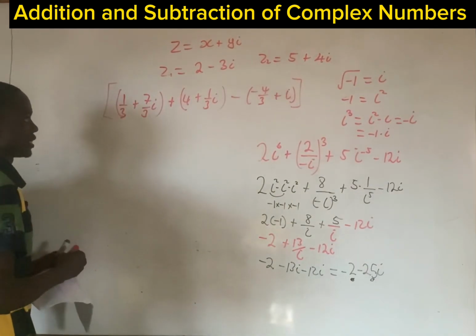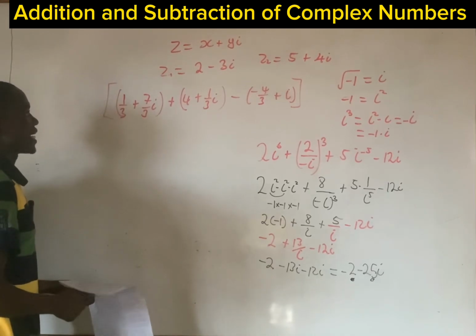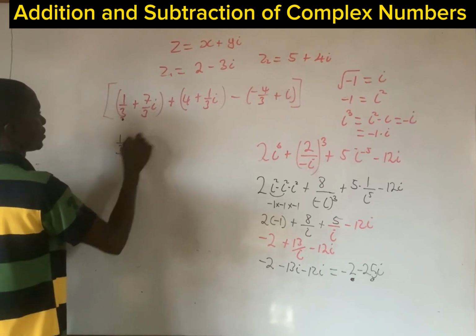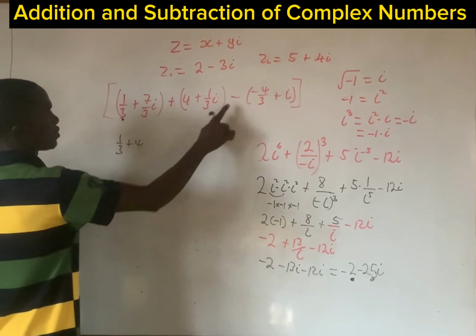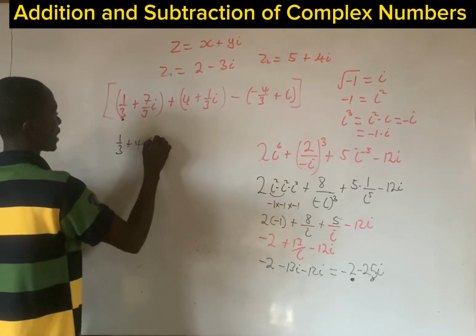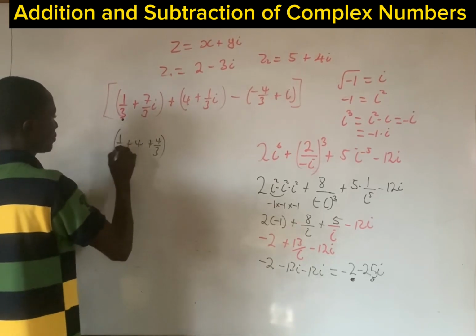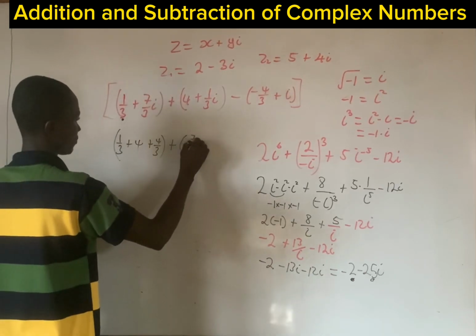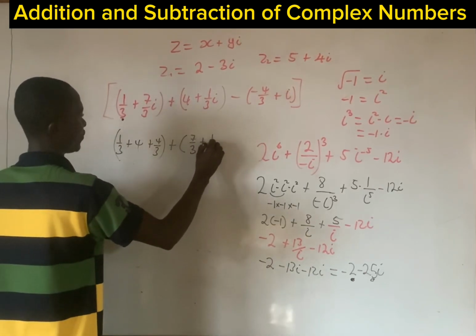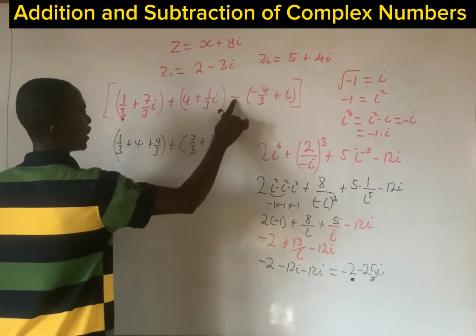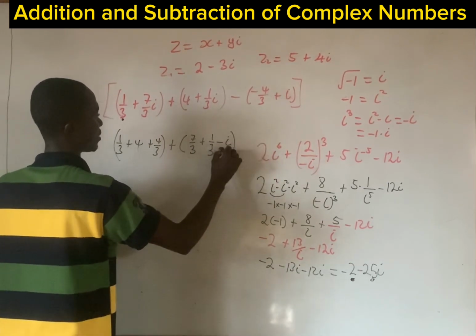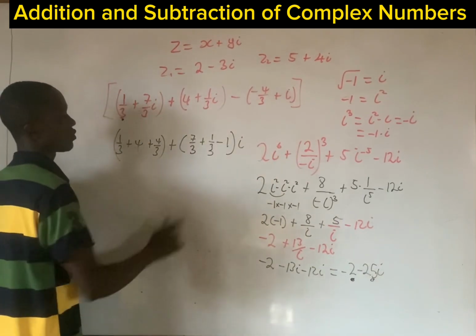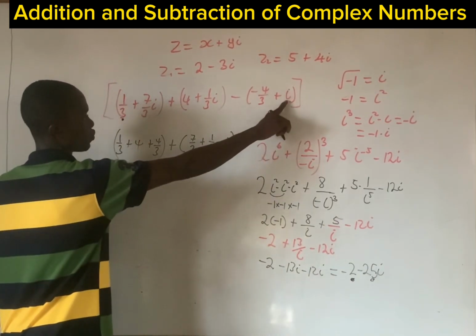How do I do this? So this one, we take the real parts. 1 on 3 plus 4 minus gives plus 4 on 3. Then we take the imaginary part. 7 on 3 plus 1 on 3, minus positive gives minus i. Sorry, minus 1, then i out, because i times 1 gives this one.